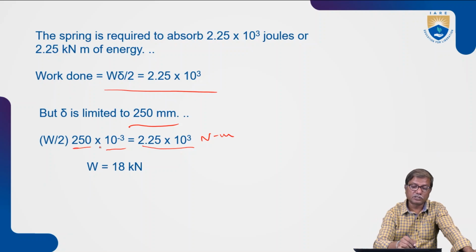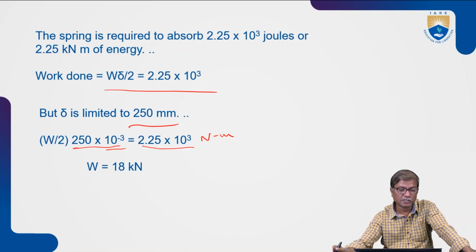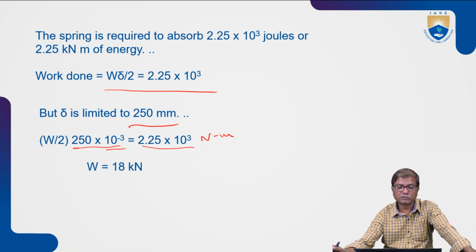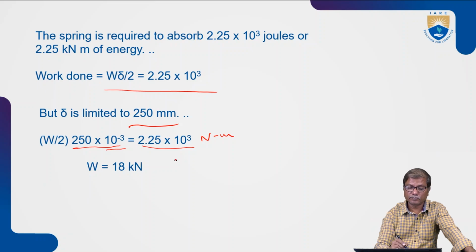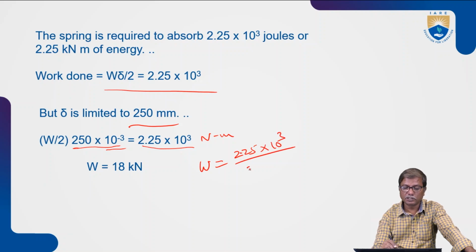So delta into meters. So W is equal to, what is W from this? 2.25 into 10 cube divided by 250 into 10 power minus 3.